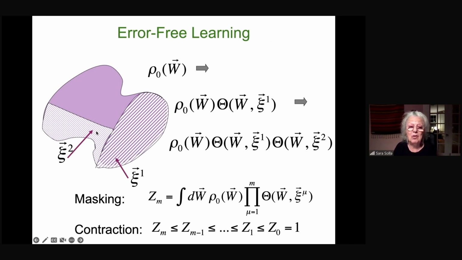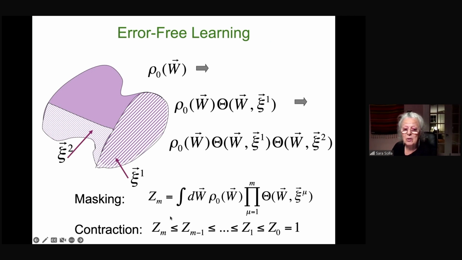But now the second example comes in, xi2, and then this gets multiplied by the masking function theta W xi2. So after I have seen n examples of the training set, I have to cumulatively iterate this multiplicative process. And what I'm left with is an integral over W of rho 0 of W times the product of theta W xi mu, multiplied from mu equals 1 to n.